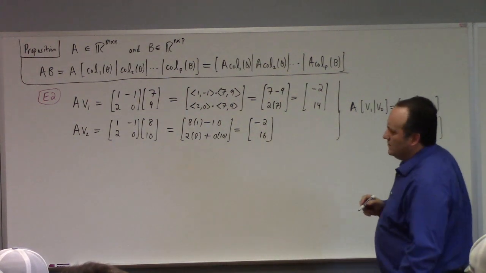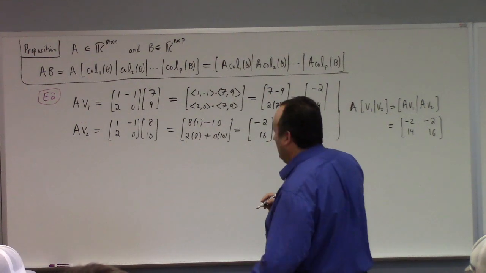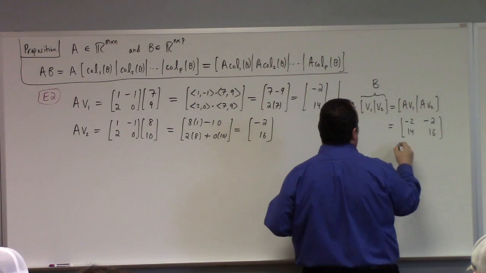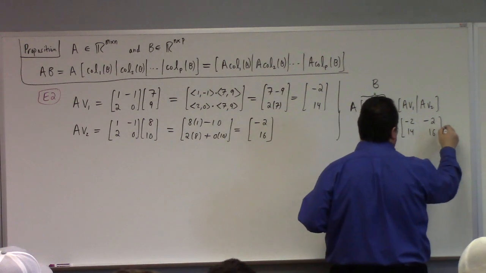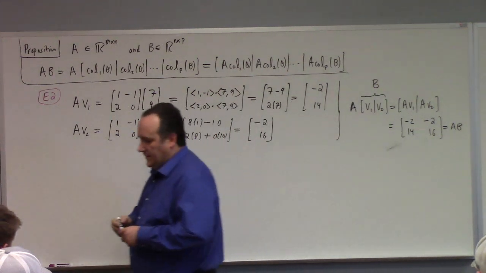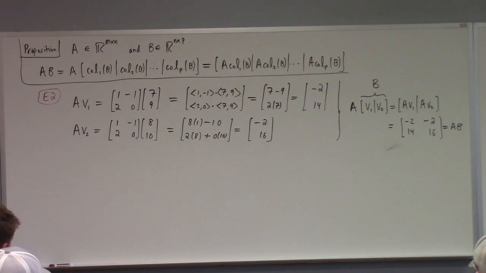Did I do that right? Okay, good. And this, of course, is just B. And so this is, as I claimed, AB. So there's that.